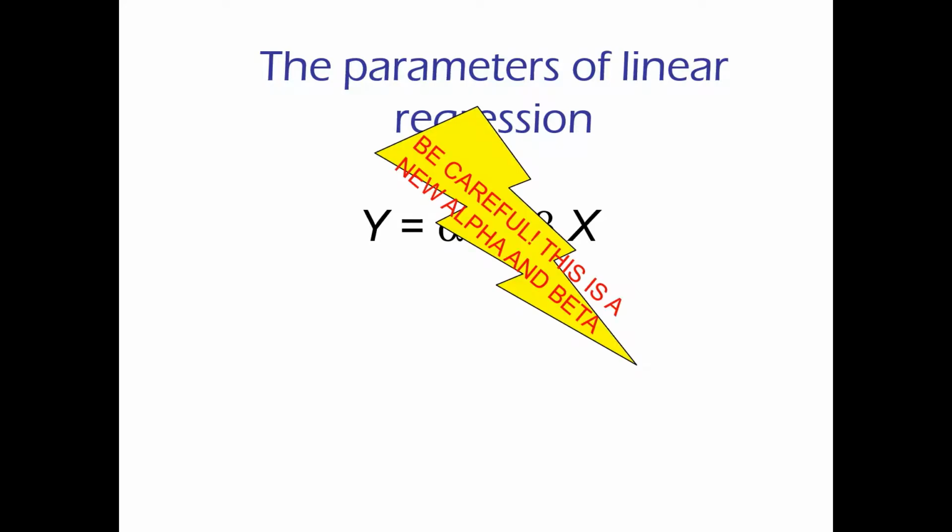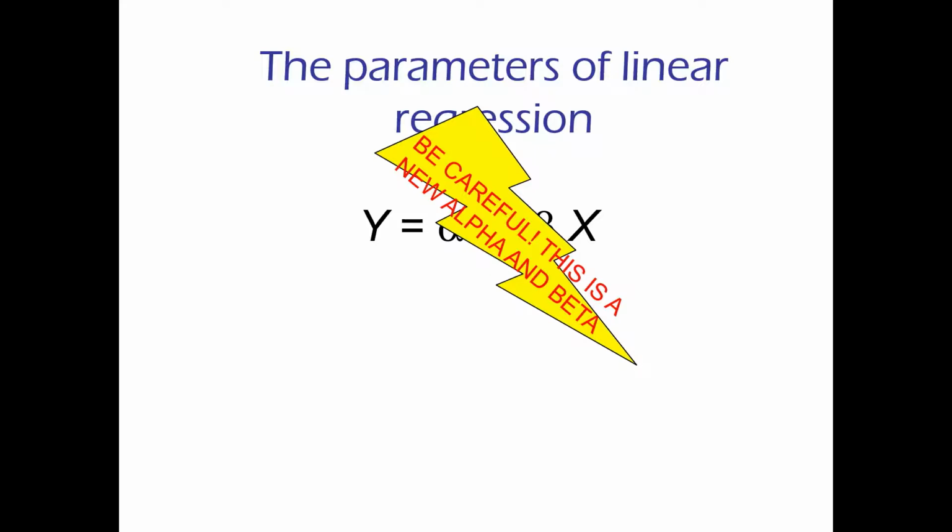The two parameters of the equation are alpha and beta, but be careful. These are not the same alpha and beta as when we talk about type 1 and type 2 error. Here, alpha is the intercept, while beta is the slope. We'll talk about the concept of intercept and slope in the next few slides.